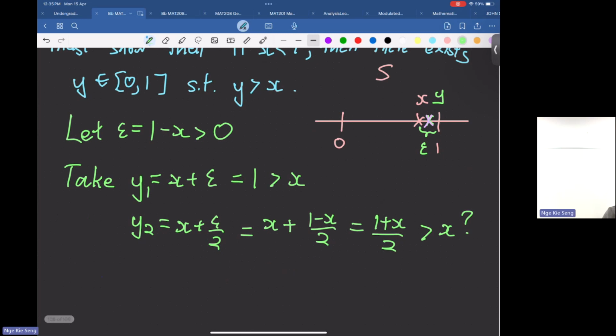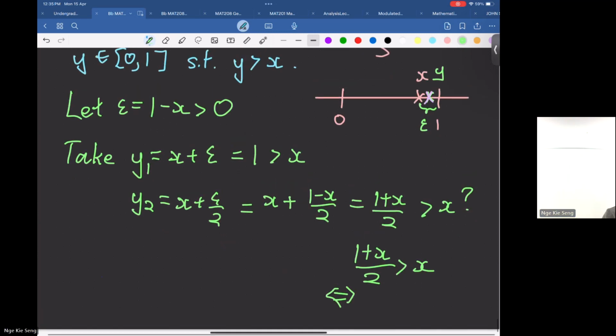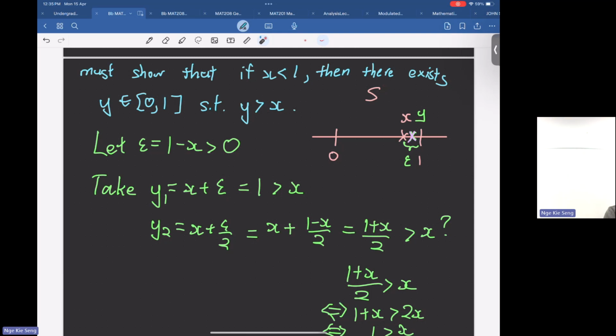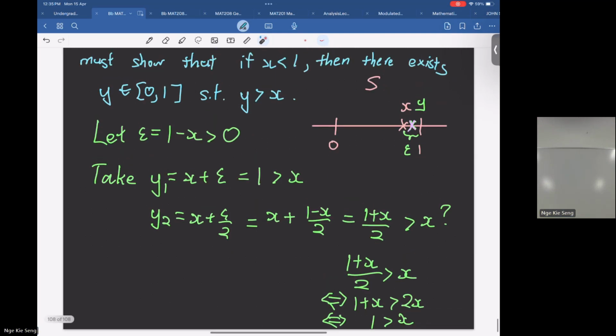So you need to ask whether (1 plus x) over 2 is greater than x or not. Meaning, is 1 plus x greater than 2x? Meaning, is 1 greater than x? But 1 is greater than x because we assume it. Okay? Does it make sense?